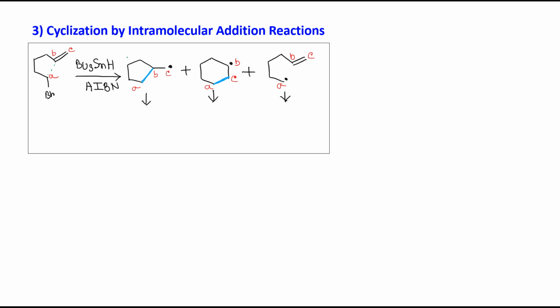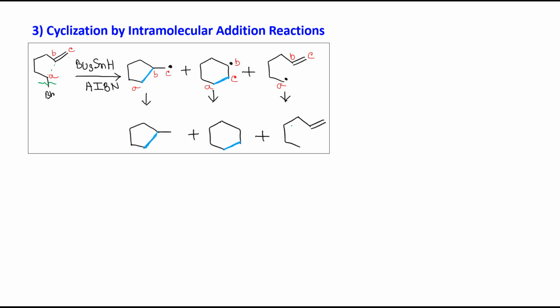And then if A is connected with C, the radical will be on B, and if there is no cyclization, when the C-Br bond is broken directly you get the radical here, which is the third possibility. But finally, the final product, after taking H from Bu3SnH, is this.